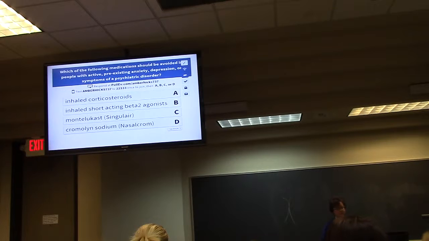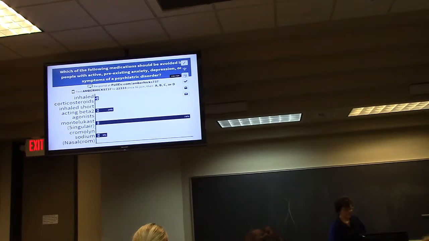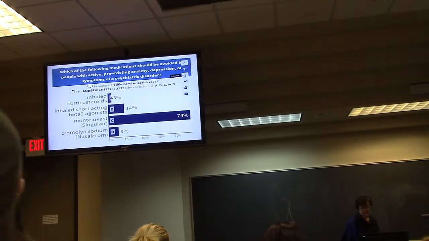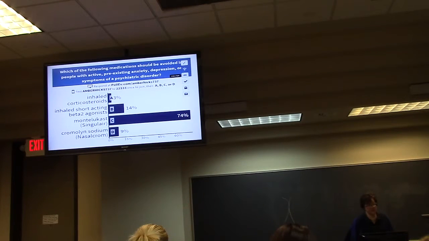Just take a guess. Okay, good. It is, it's singular. It's one of those odd ones, those leukotriene receptor antagonists, a little bit less.